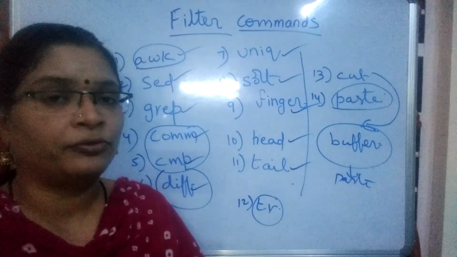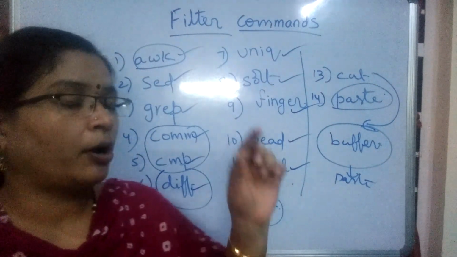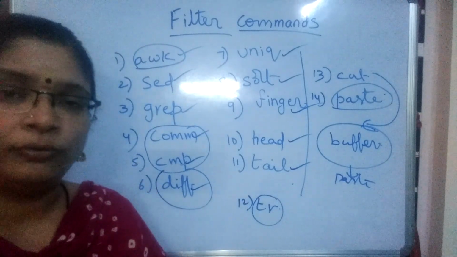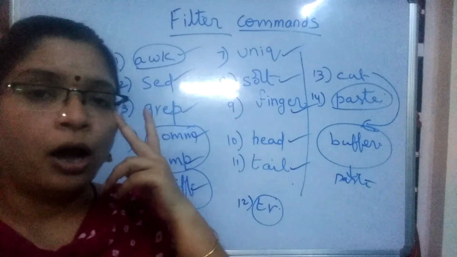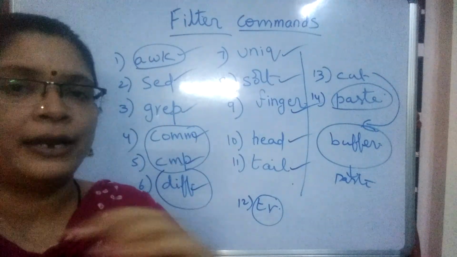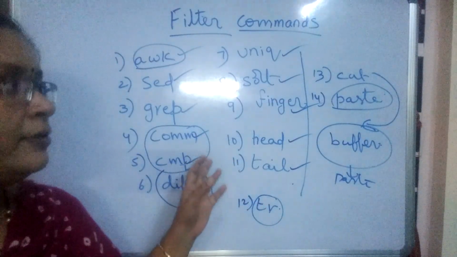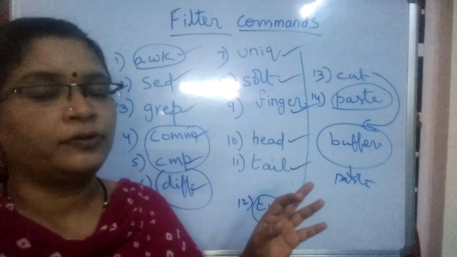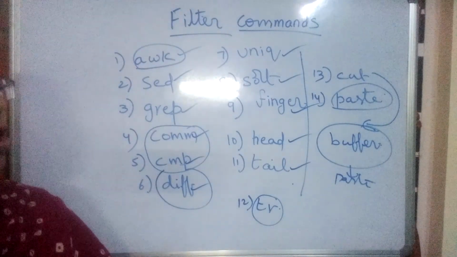Not only text files, there are some files which are stored in column format, row format. On those files also, for example, while working with the cut command, we will see how data is stored in the form of columns and rows, like a database format. So we can use these commands according to our purposes, wherever it is required, and we can perform all these kinds of operations.